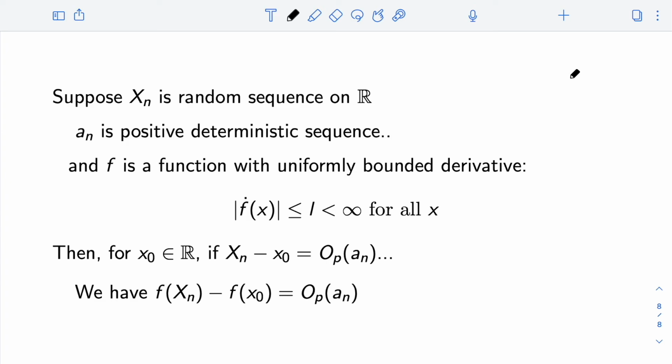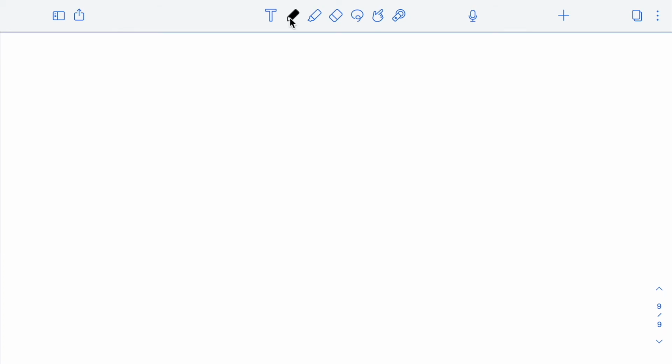And in addition, we imagine that we have a function that has at least one derivative that exists, and that derivative is uniformly bounded. We are interested in proving something about the rate at which the function applied to the sequence converges to the function applied to the limit. So let's remind ourselves what we're trying to show.